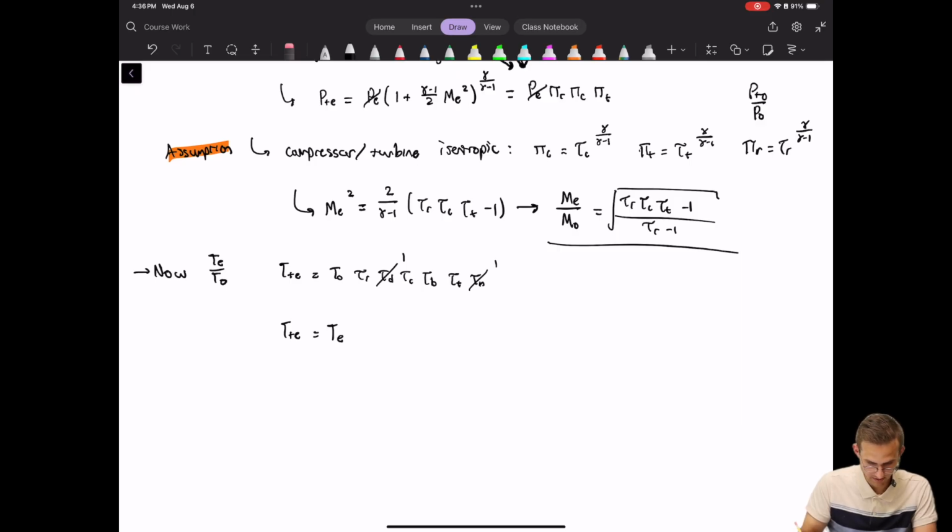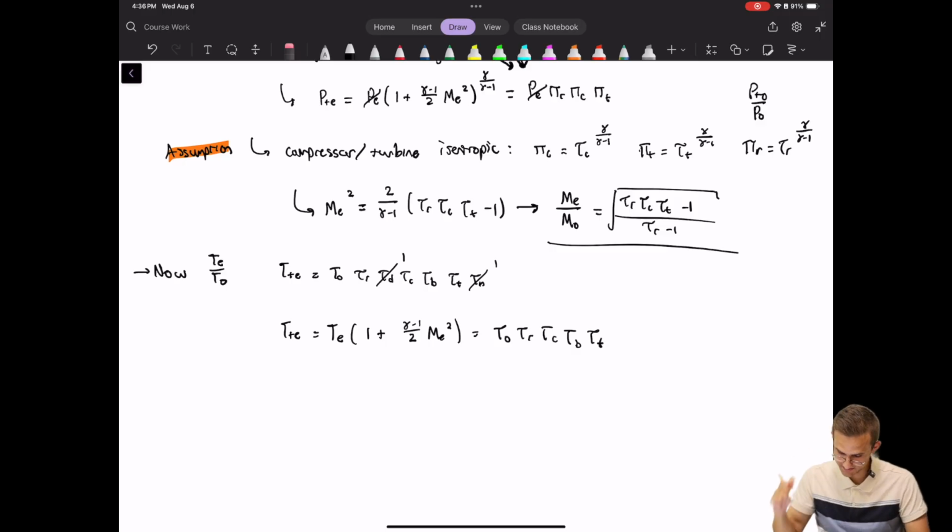So we can write Tte as Te times 1 plus gamma minus 1 over 2 Me squared. And we can bring in what we have from here, where we have T naught, tau R, tau C, tau B, tau T.